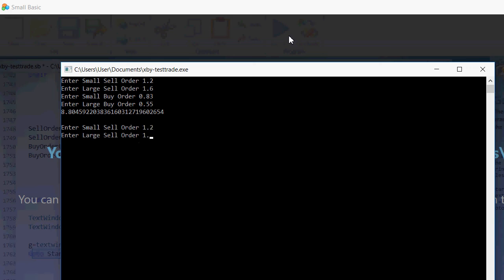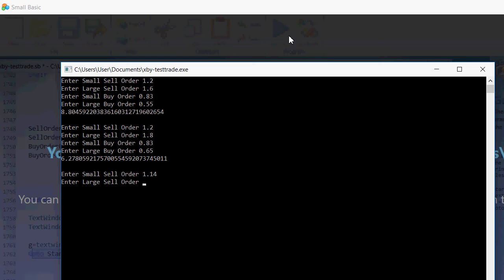So we change this, say 1.2 to 1.8, 0.83 to maybe even go a bit higher, 0.65, doing much worse. 1.14, 1.33 or 38. Then maybe 114 if I'm buying back, that's like maybe 87, and then maybe 71. And that would work good. That was 11. That's a nice one.